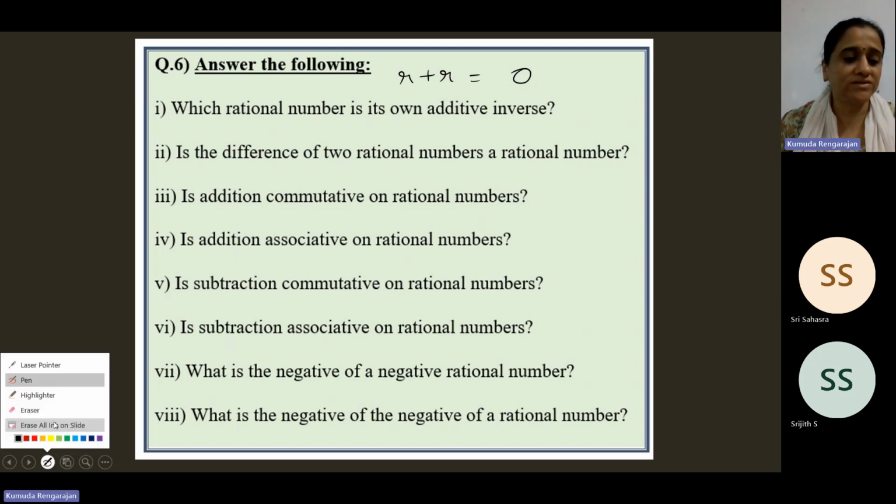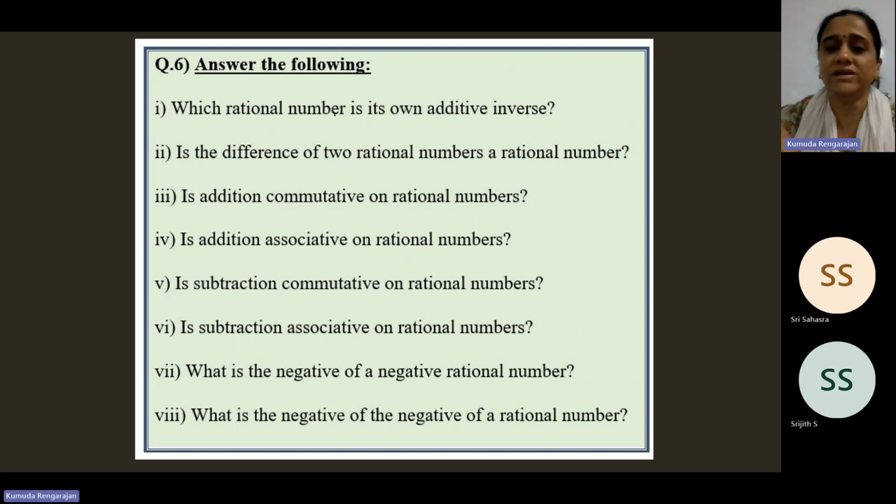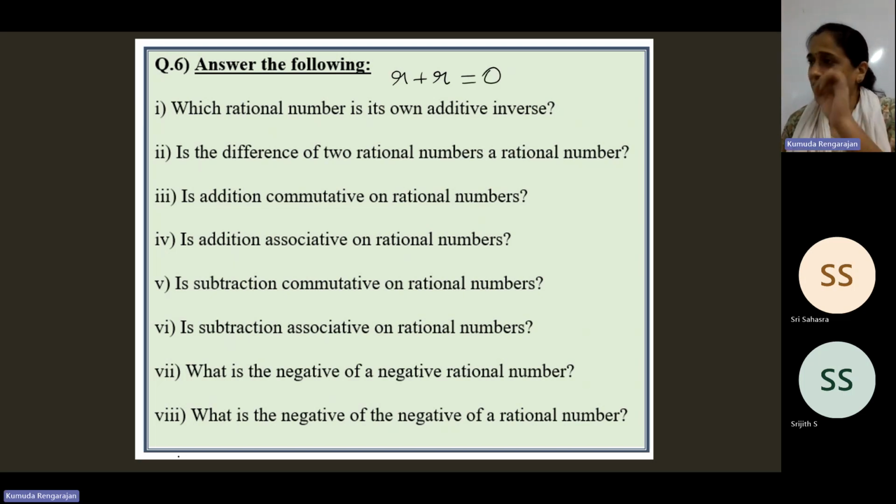Now, 1 minute. All of us should understand. Which rational number is its own additive inverse? That means they are asking you which rational number plus that rational number itself will give you the answer as 0. You take a rational number, you add it to itself, and the answer should be 0.